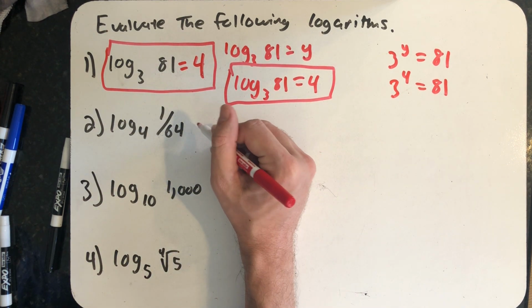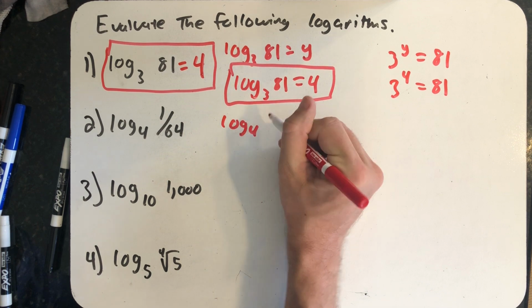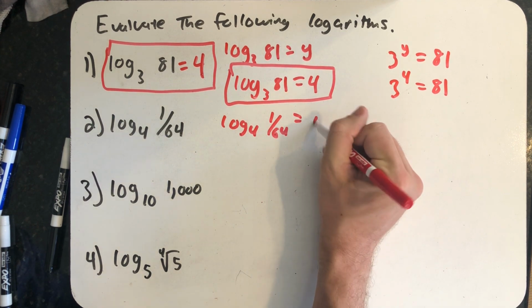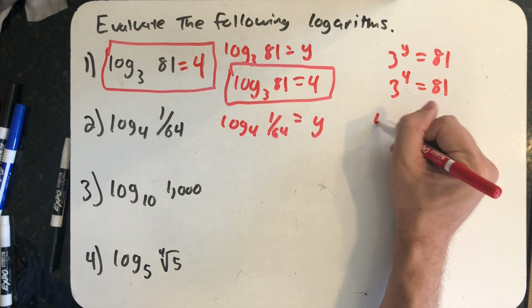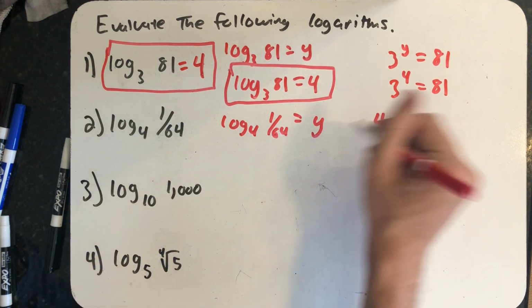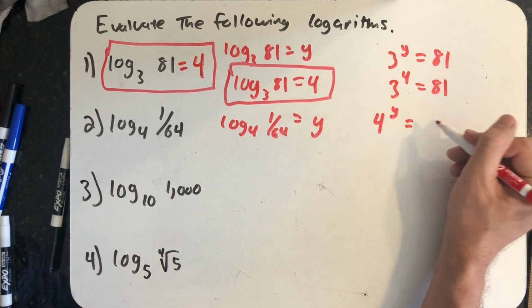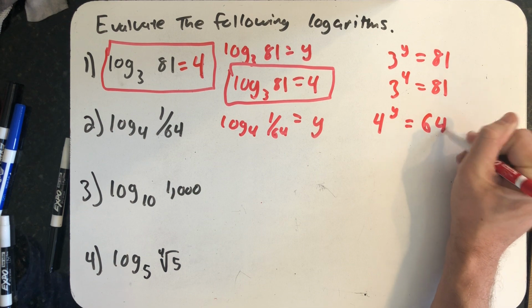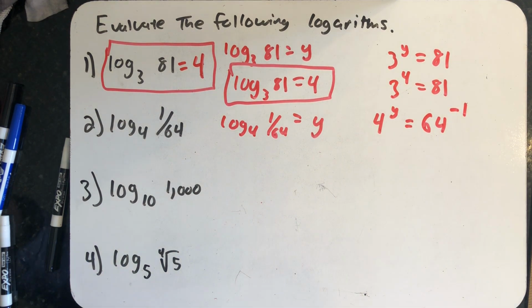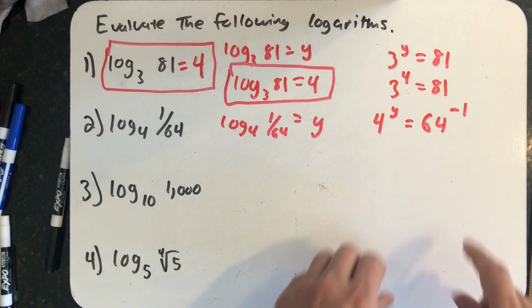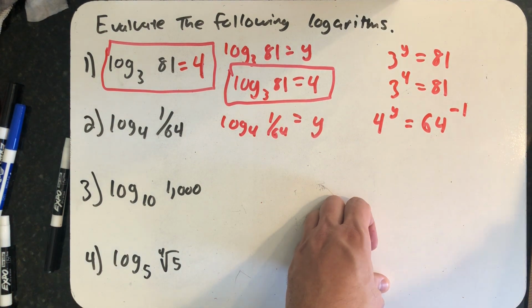So maybe this log base 4 of 1/64 is equal to some number y that I'm looking for. As an exponential, that would be 4 raised to the y power is equal to 1 over 64. I'm going to go on and write that as 64 to the minus 1st. And I'm thinking to myself, well, do I know anything about 64?